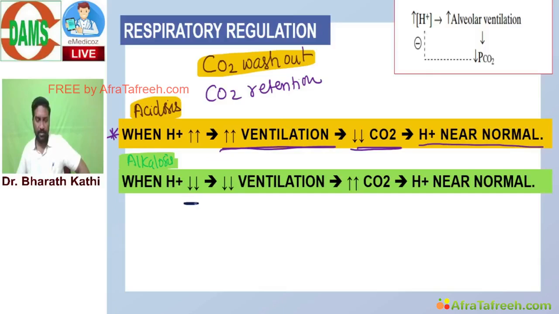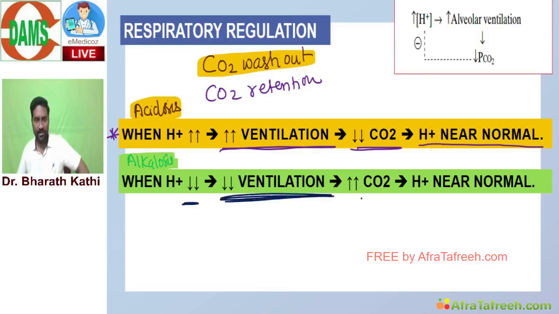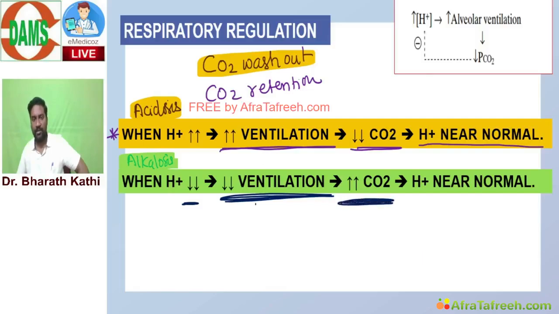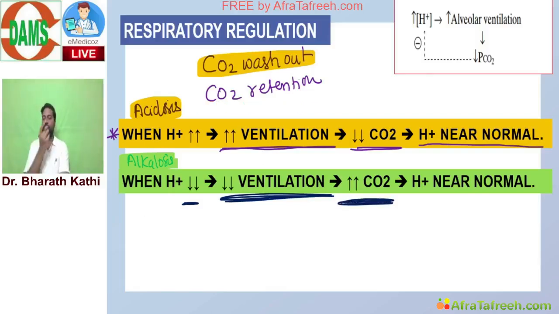H plus in your body reduces. So what does your respiratory system do? It decreases the ventilation. Because of that, CO2 increases in your body. Whenever H plus decreases, your body tries to increase CO2. Whenever CO2 increases, the H plus will increase so that the H plus will be maintained near normal. This is what is happening.